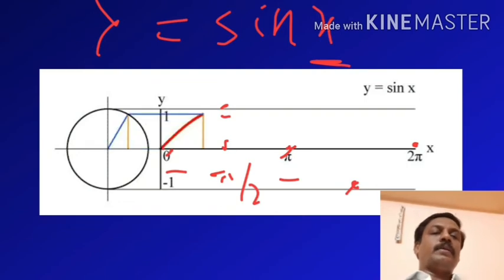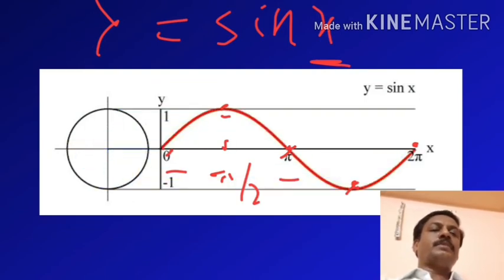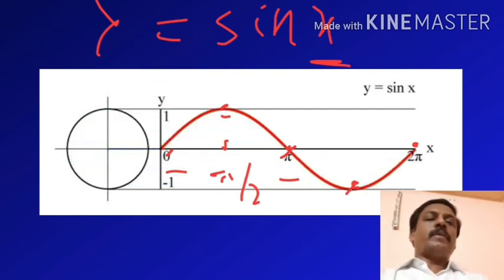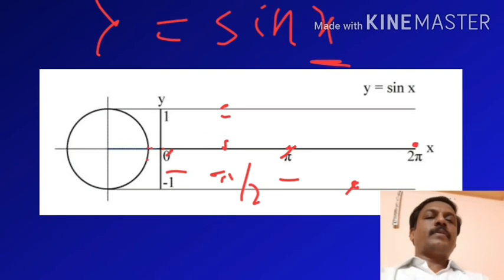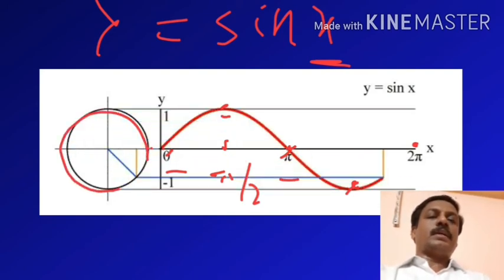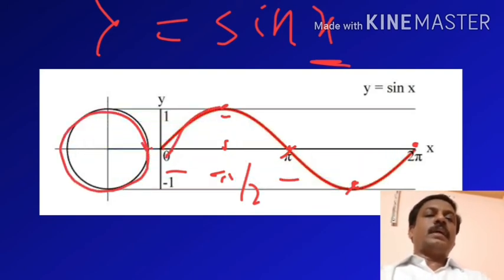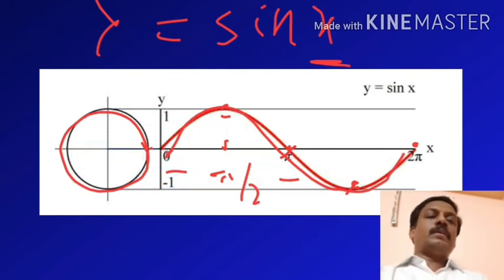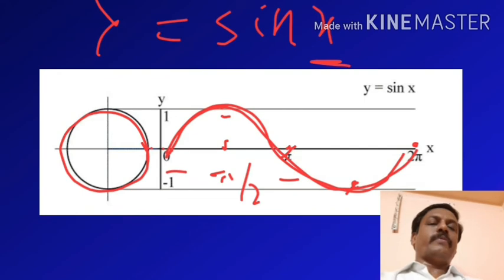So here this graph is given with reference to a particle moving along a circular path. When a particle completes one rotation, here the sine completes one cycle, and this is called one sine wave, right?